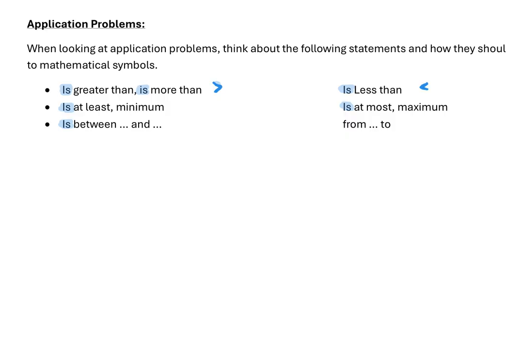When we say greater than, more than, less than, these are all examples of strict inequalities. There is no bar underneath. On the other hand, when we see is at least, is at most, these are not strict inequalities. These can be equal to.